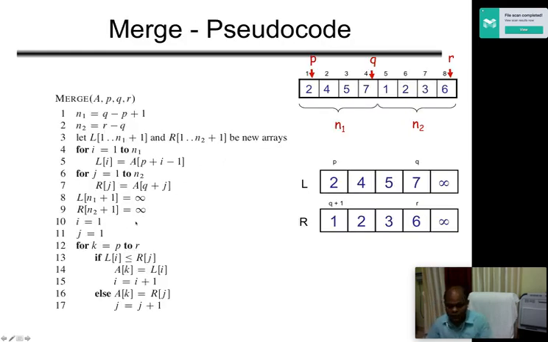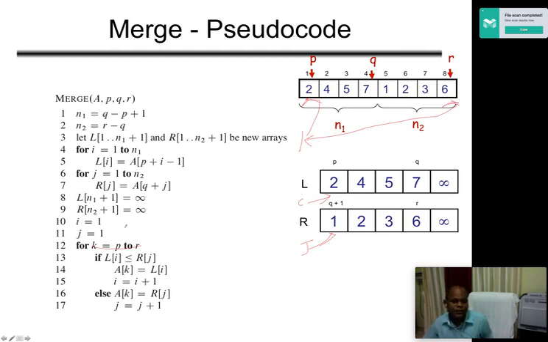Again I am explaining: i will point to here and j will point to here, and k goes from p to r. That means k will initially point to here and at last it will point to here.